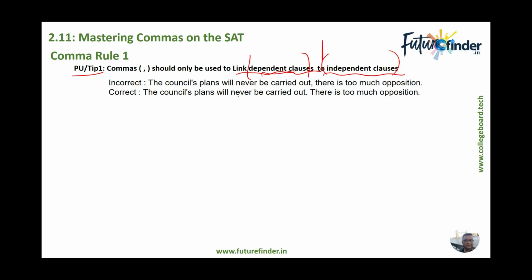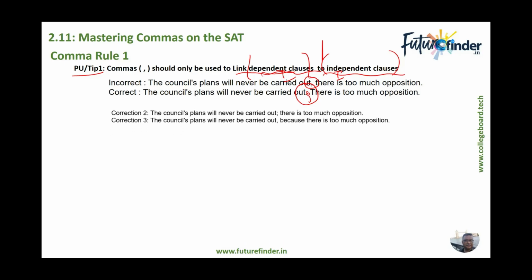The council's plans will never be carried out, comma, there is too much opposition. Incorrect, because both of them are independent clauses, and hence this cannot be written with a comma to demarcate them. The correct use could be a full stop or even a semicolon if needed.